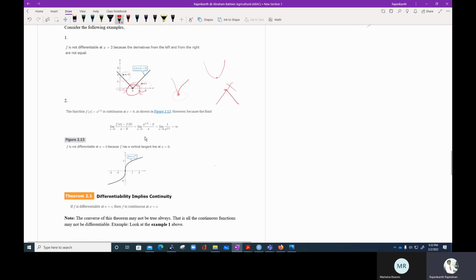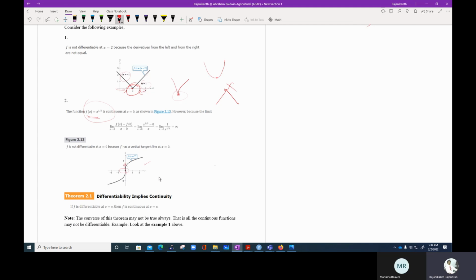Now this problem is another one. You are given a function. If you try to graph this function, it is here. It is very clear the function is smooth and continuous. But what will happen if you try to find the derivative or slope at 0? The tangent line at 0 to this curve is nothing but a vertical line.